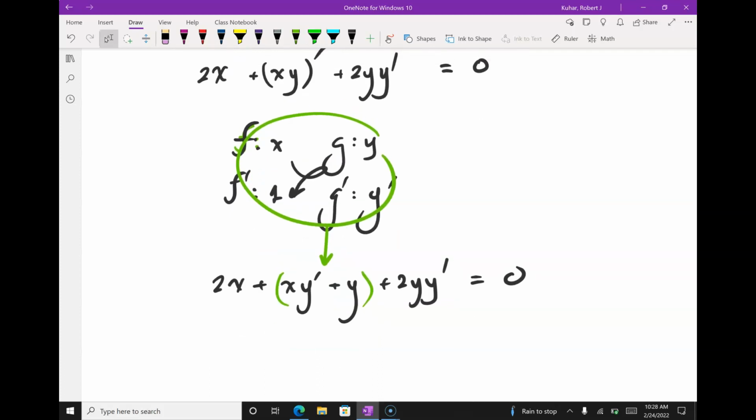You're talking about just using the d dx notation. It's not wrong. So it would look like this, though. It would look like x times dy dx plus y plus 2y dy dx. And you can see why I like using just the y prime. It's just quicker. Yeah, I'm lazy.